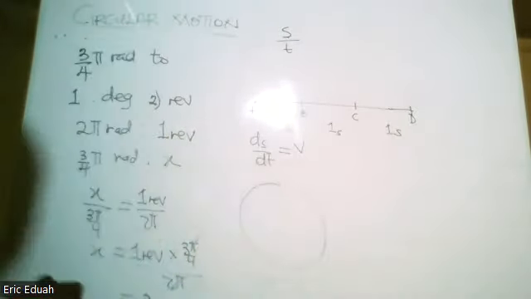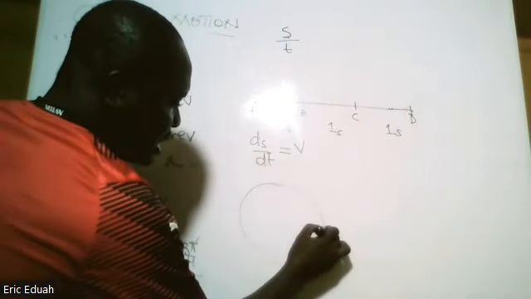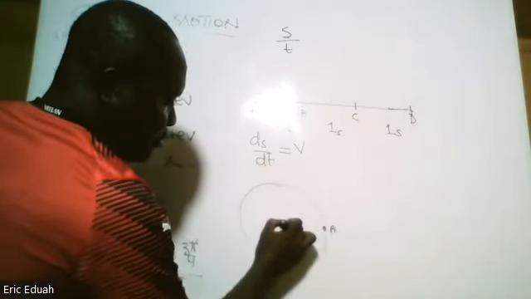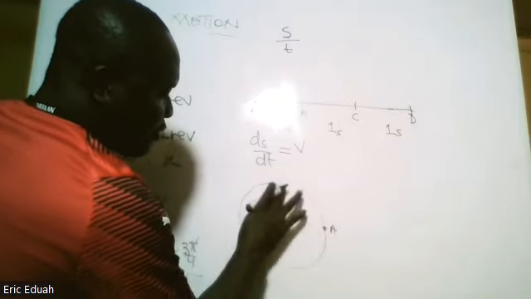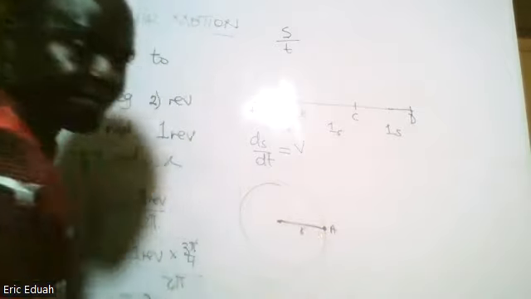Now in circular motion, we have a similar thing. The body is at a point A. Its displacement from the center gives us the fixed radius.